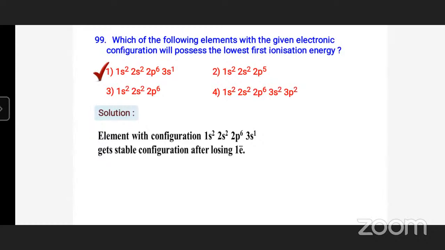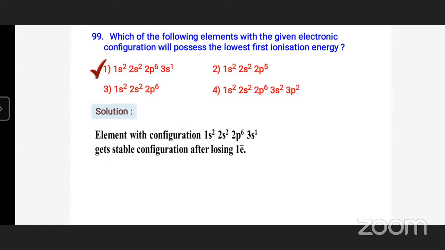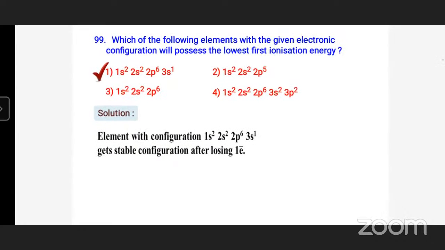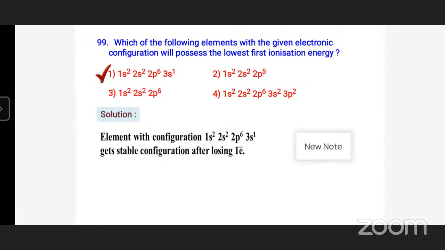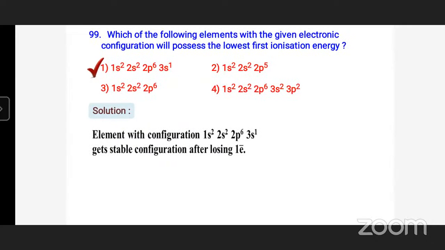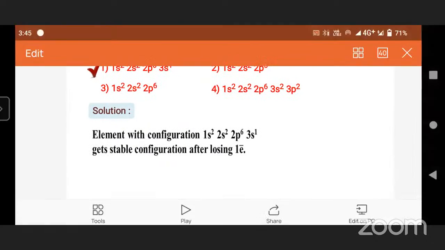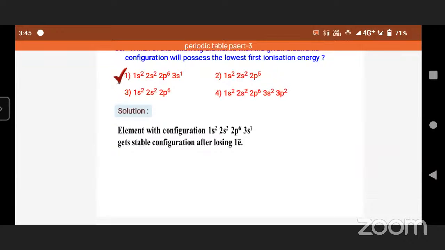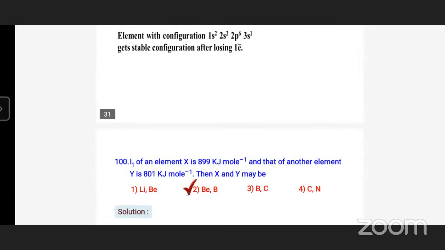The element with configuration 3s1 gets a stable configuration after losing one electron. So the first option, 1s2, 2s2, 2p6, 3s1, is the right option. Okay, right. Then next question.